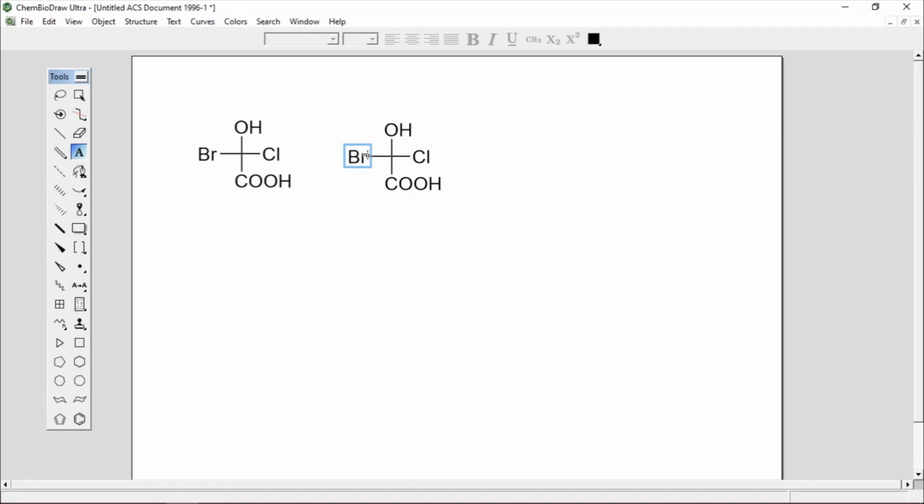Now tell me whether these are enantiomers of each other or not. Yes, it is an enantiomer, because when you keep this second molecule on the first molecule, they are non-superimposable mirror images of each other.